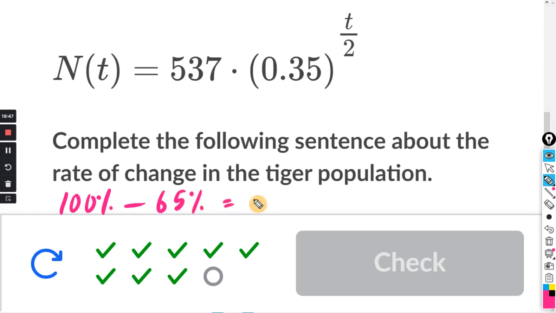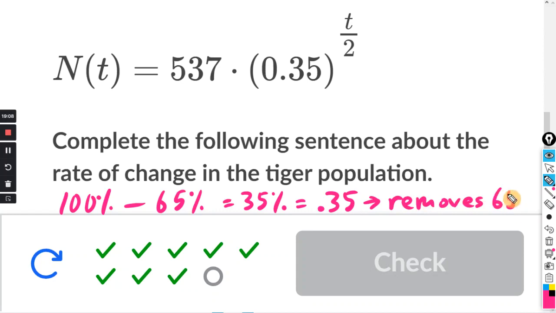That's going to be 35%. Converting to decimal, if you move the decimal place over 2, that's going to be 0.35. So multiplying by 0.35 actually removes 65%.